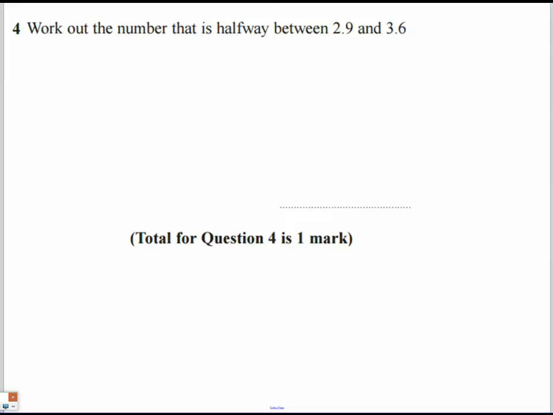Question 4. Work out the number that is halfway between 2.9 and 3.6. So a quick and easy way of doing this is to take one from the other. So take away 2.9 from your 3.6 and it will tell you how big your gap is. Again, use your calculator, don't take any chances. The answer is 0.7. So to find our answer halfway between them, we need to add a half of 0.7 to our lower number.